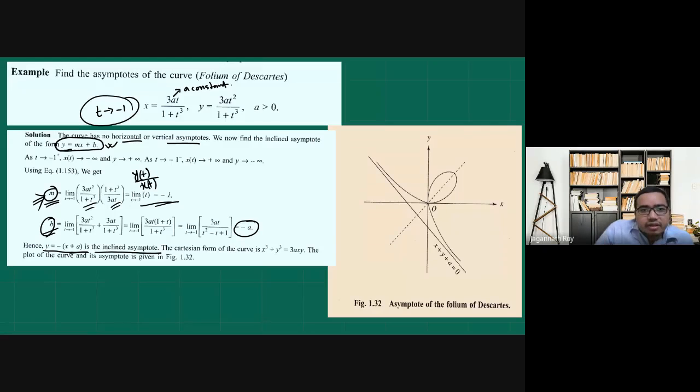Now this parametric equation, if we write the Cartesian equation, this will become in this form. Graphically, it will be like this. So this line is an asymptote to this curve.